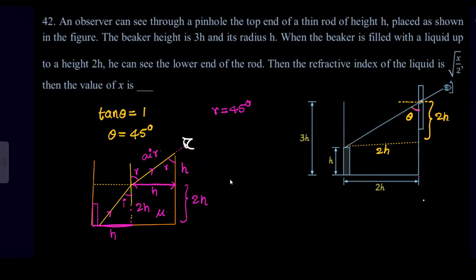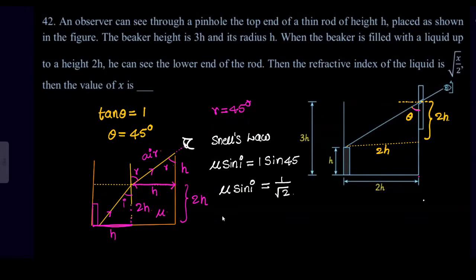This is mu into sine I, which will be equal to 1 into sine R. Sine R value is 45 degrees. Then mu into sine I will be equal to 1 by root 2.